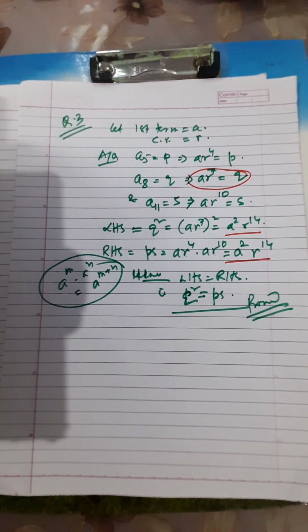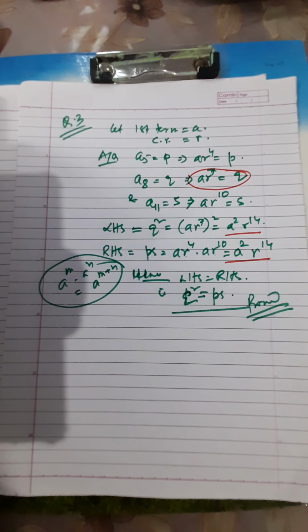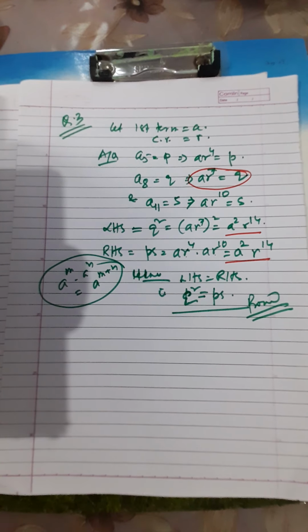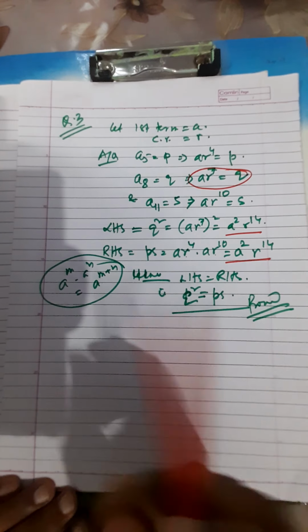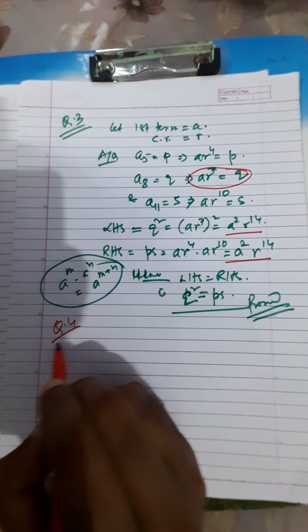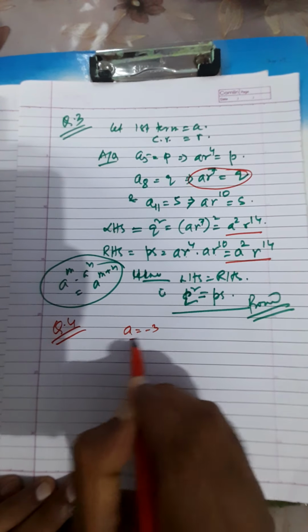Question number 4. If the fourth term of a GP is square of its second term, and the first term is -3, determine the seventh term. A is equal to -3.